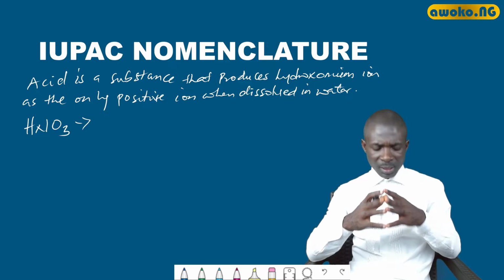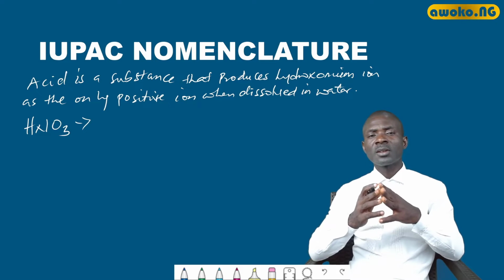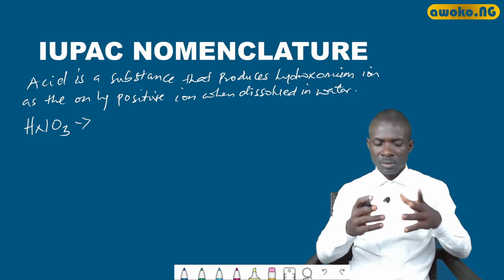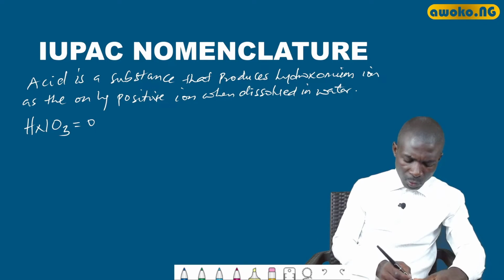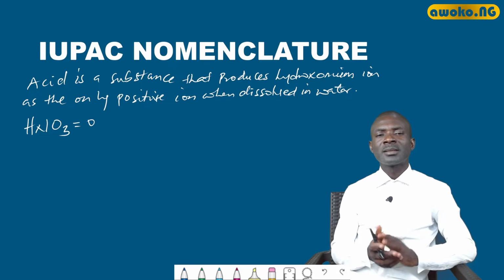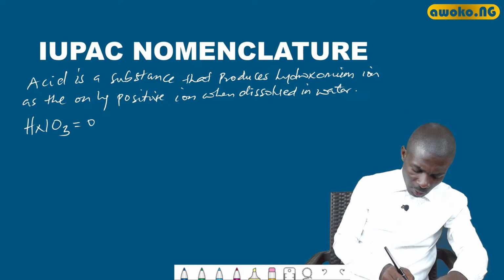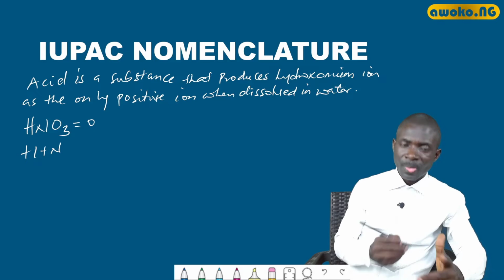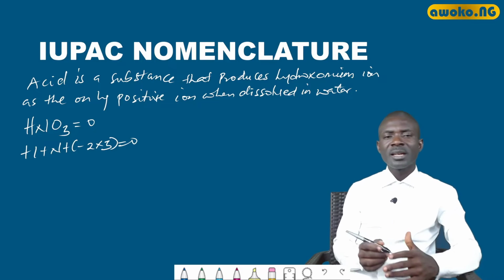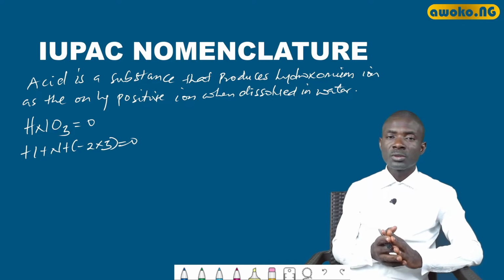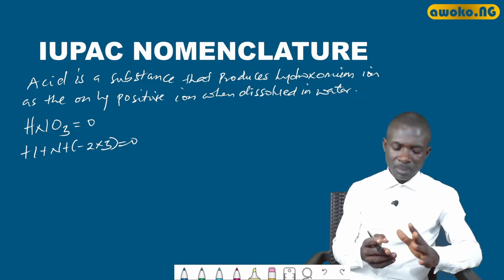And rule number 1 is that the sum of oxidation states of elements in a compound is equal to 0. We can have HNO3 equals 0. So we simply make the central element the subject of the formula. Here we have the oxidation state of hydrogen, which is +1, plus nitrogen, our central element, plus -2 times 3 equals 0. Remember we said the oxidation state of oxygen is usually -2 except in peroxide.